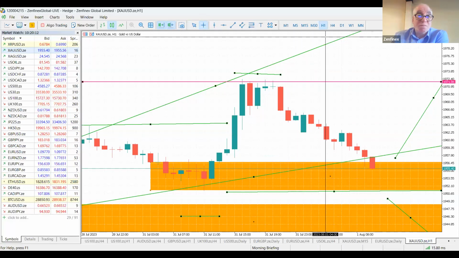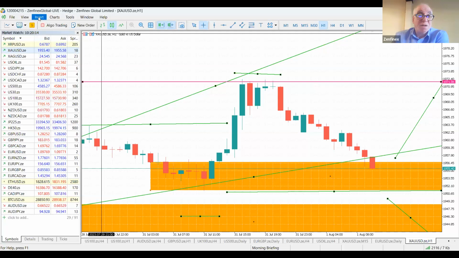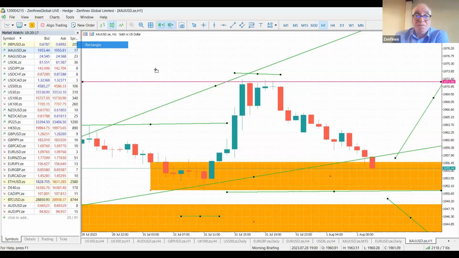Let me just mark this out in a different color. Maybe I won't put a different color, it just confuses. So look, the reason why I'm looking at this is because this is exactly where price paused, tried to go up, but couldn't go up. Broke through this, and now we're at this level here.